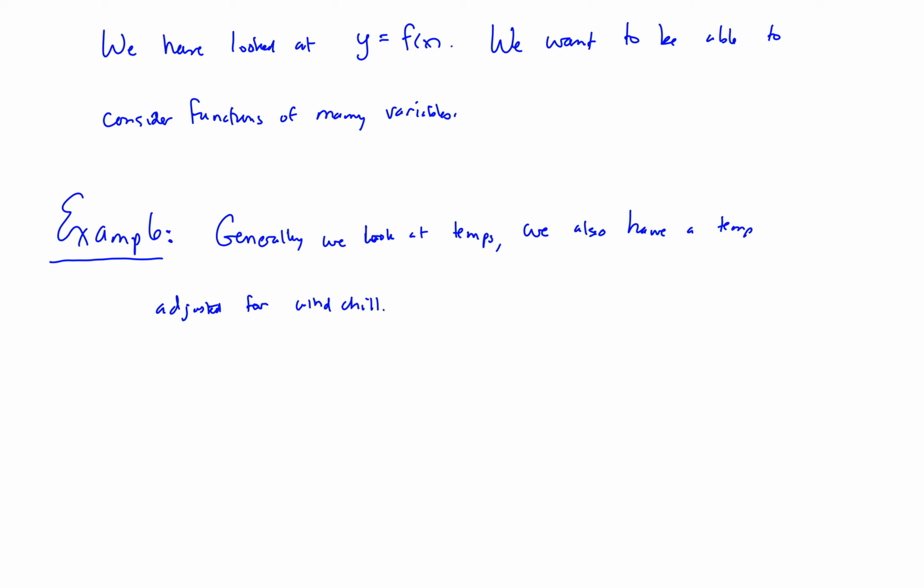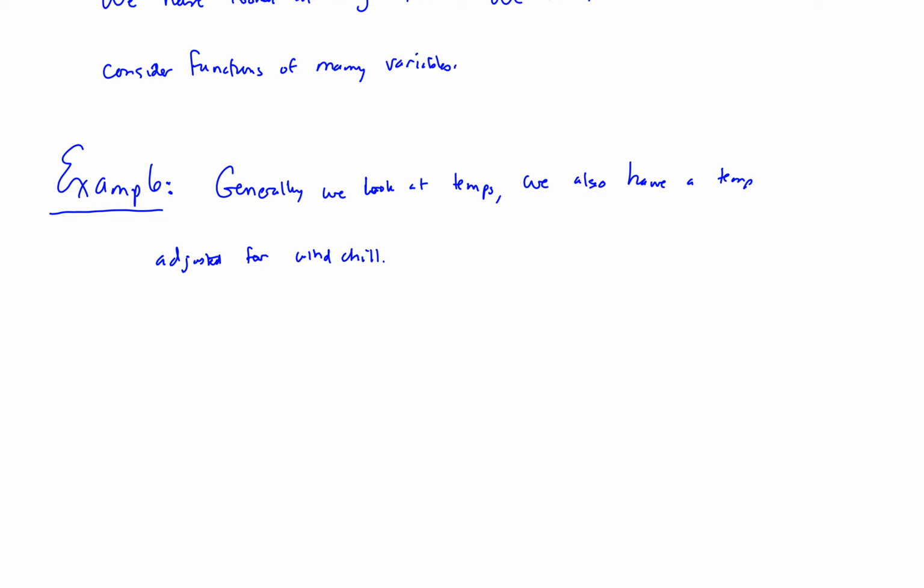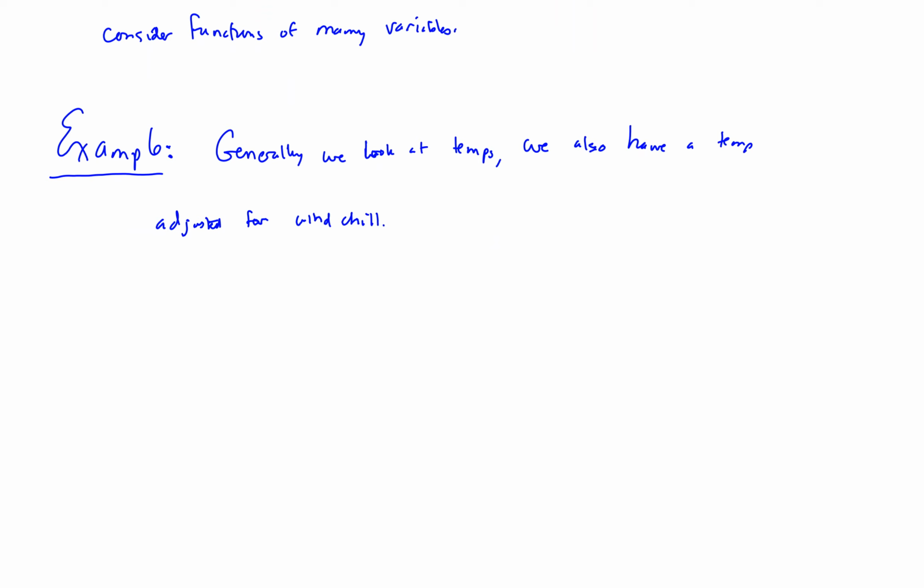So if it's cold out and the wind's blowing hard, it's going to feel colder than the actual temperature. So this wind chill, the temperature adjusted for wind chill depends on the ambient temperature. So just the temperature you'd feel if there was no wind.